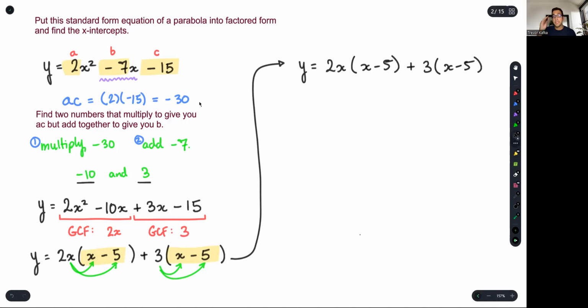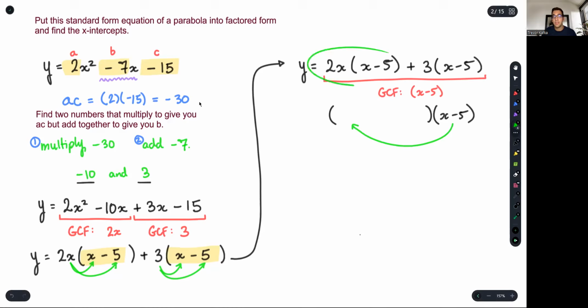We're going to factor this again because now we have a greatest common factor. The greatest common factor of these two terms, the term on the left and the term on the right, is now the x minus 5. So I can think, all right, if I have x minus 5 over here, what would this have had to have multiplied to get this part?